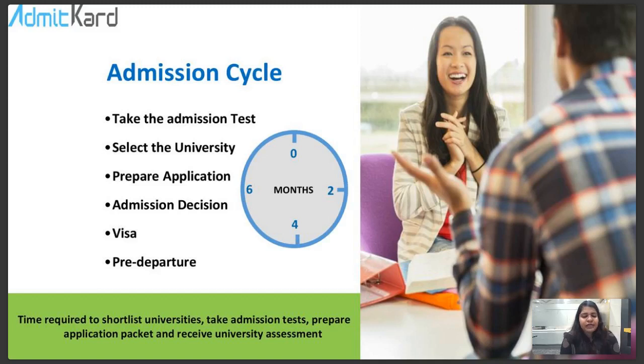A very basic and general question that the visa officer asks is how many universities you have applied to and what the accepts and rejects are from these universities. This is how they assess whether you have been honest and whether you have researched well before applying to a particular set of universities.